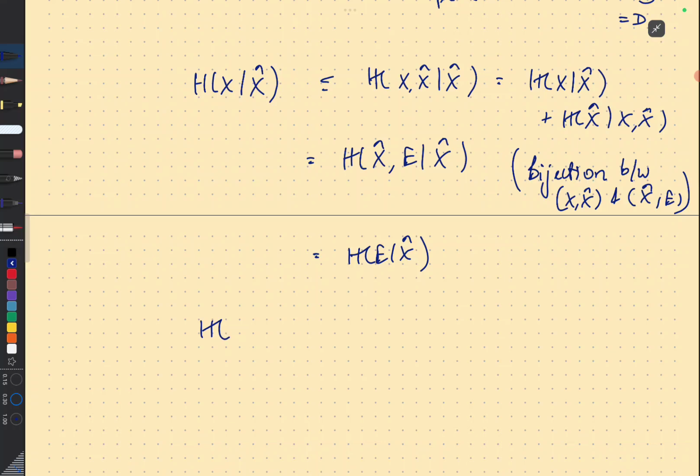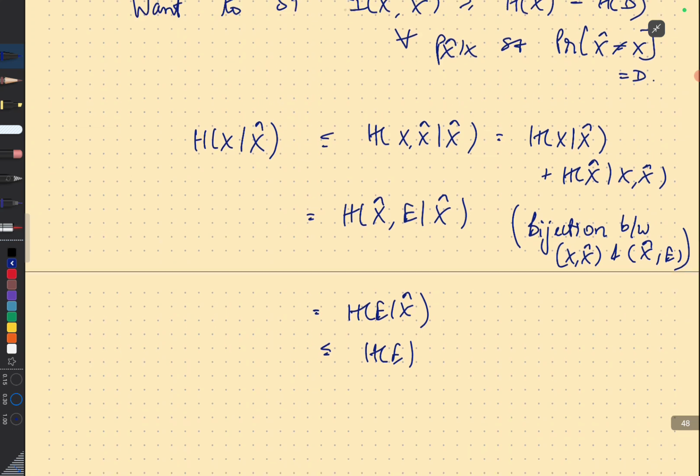So h of x given x hat, okay, maybe one more step, but this quantity is also less than or equal to h of e. It's equal to h of x hat given x hat plus this, right?